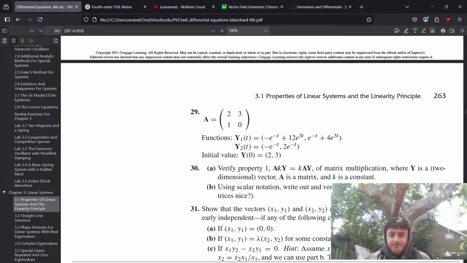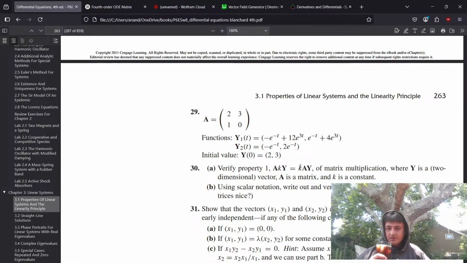Then, yeah, you get A11 times KY1 plus A12 times KY2. You can factor out K of that, then you can factor out of the other one. That one's easy.